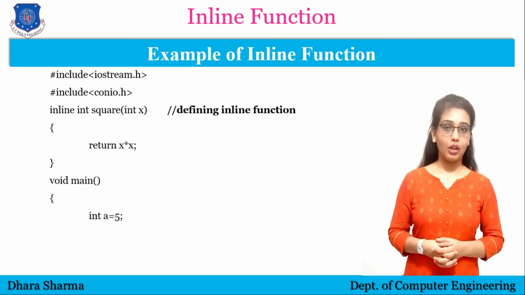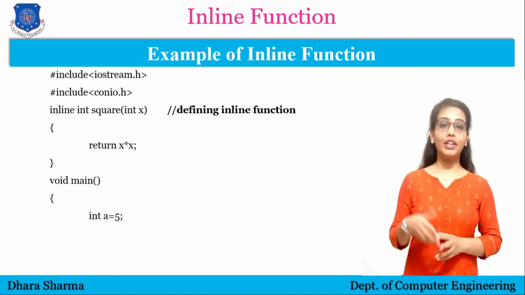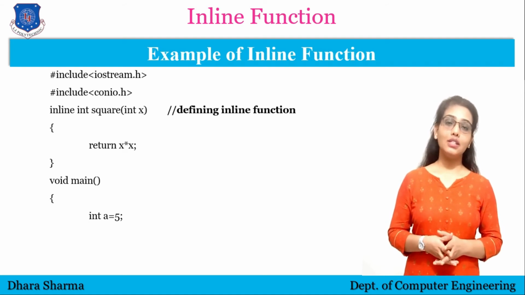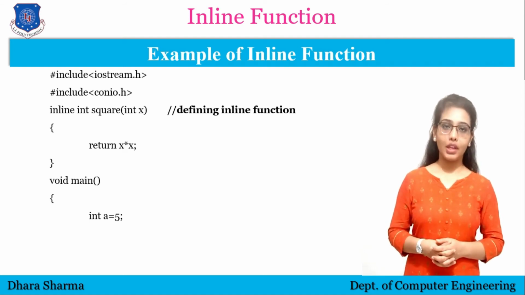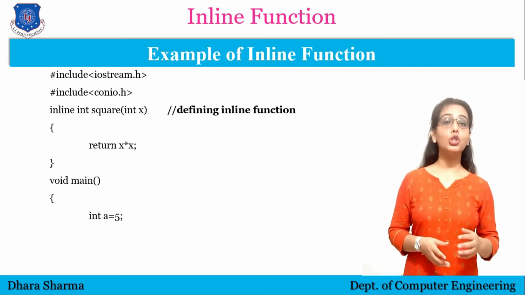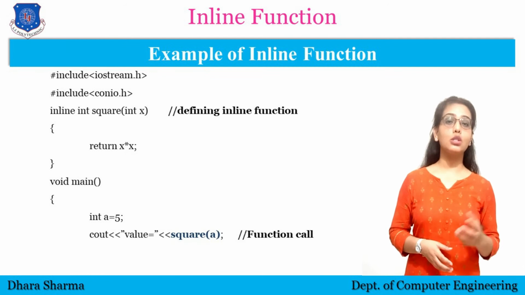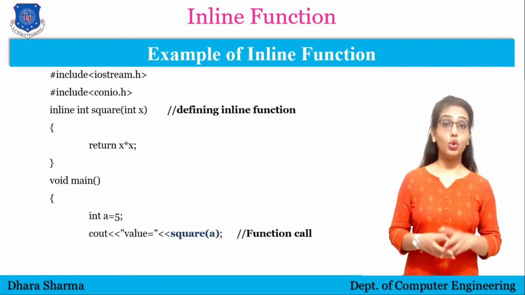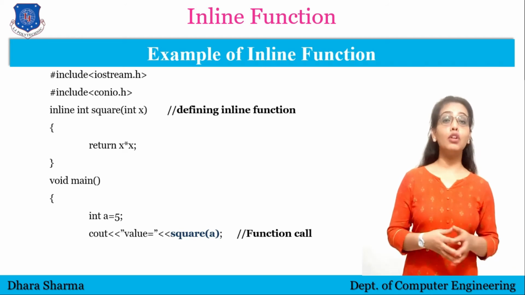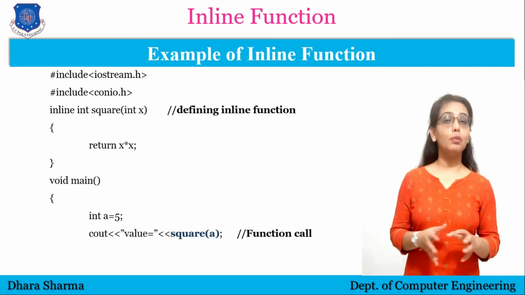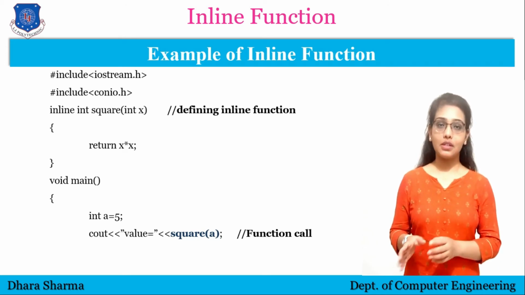Now in the main function, a variable of integer type is declared, and a value is assigned to that variable. And then in the cout statement, the function is called. Here you can see the square function is called in the cout statement. So when the square function is called, the whole process of executing a function will be performed, which I just discussed earlier.